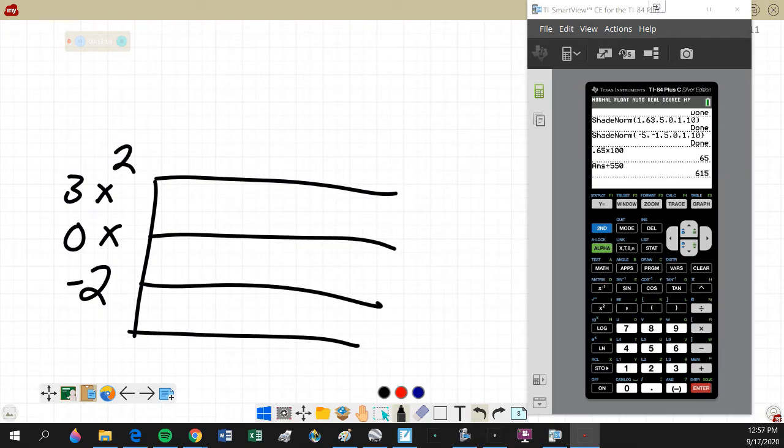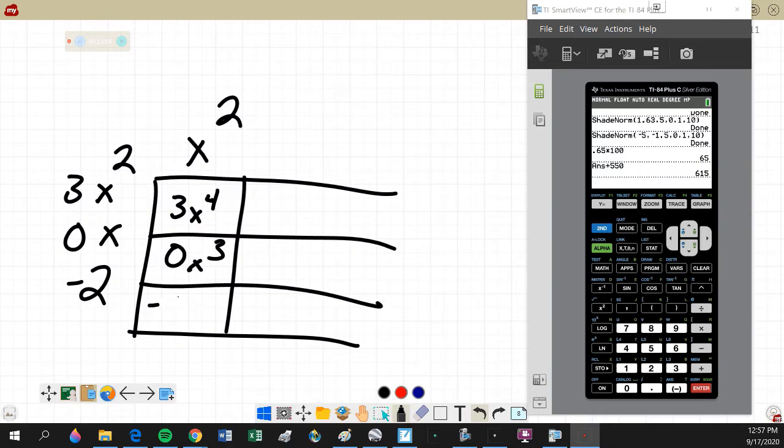I bring down 3x to the 4th, pull out a 3x squared, x squared, 0x to the 3rd, negative 2x squared. Add a column. These two need to add up to be, not 4x squared, 0x to the 3rd.